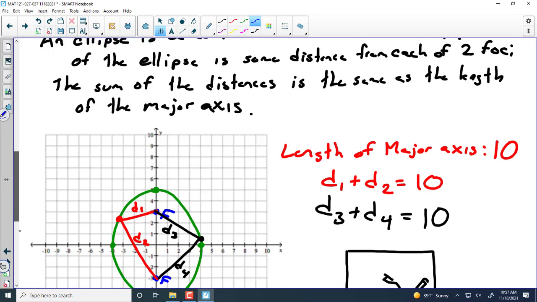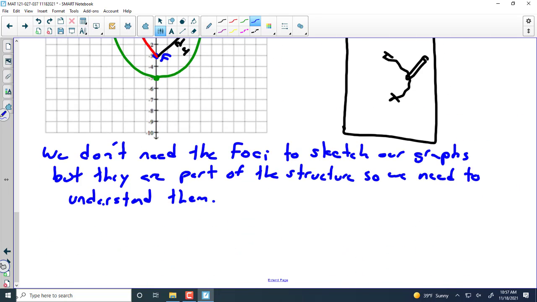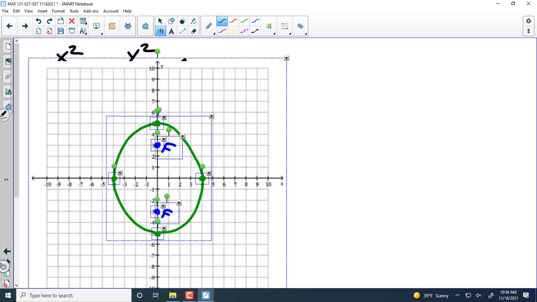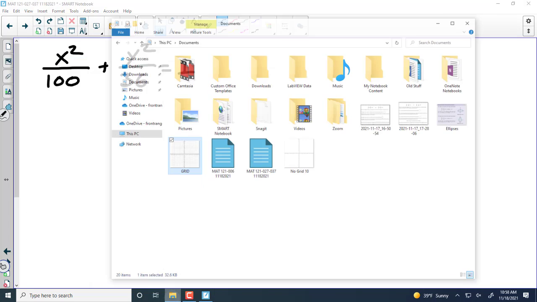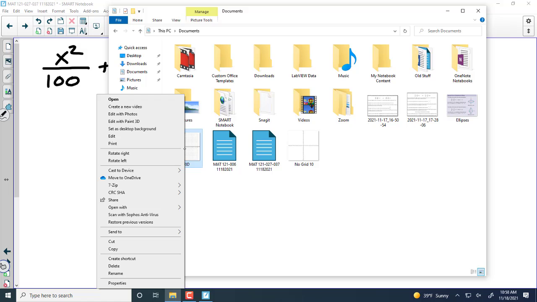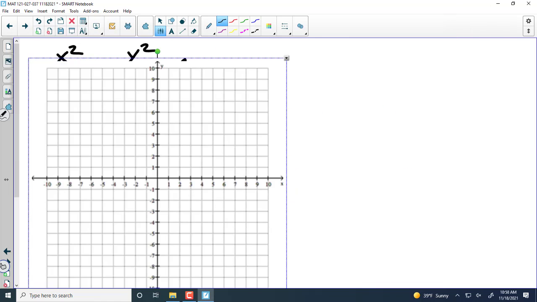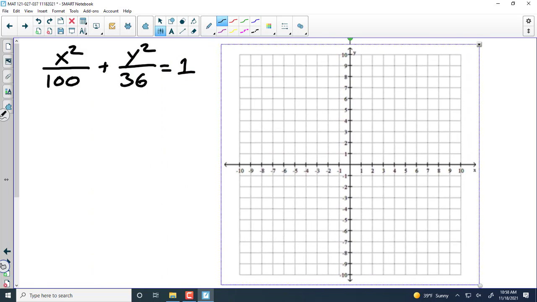Okay, let's draw another ellipse. Let's go x squared over 100 plus y squared over 36 equals 1. And fortunately for us, my coordinate system is just barely big enough to fit this on here.